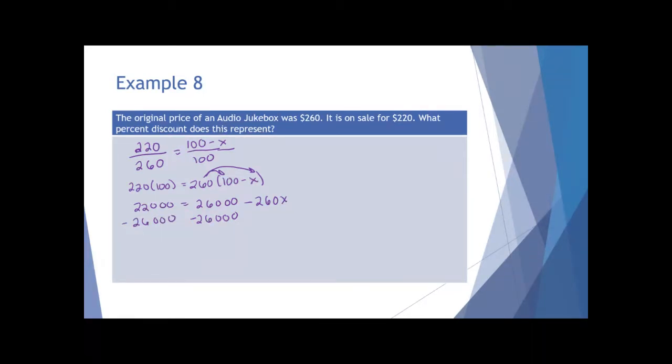That gives me negative 4,000. That equals negative 260x. So I need to divide both sides by negative 260 so that I can have just x by itself.